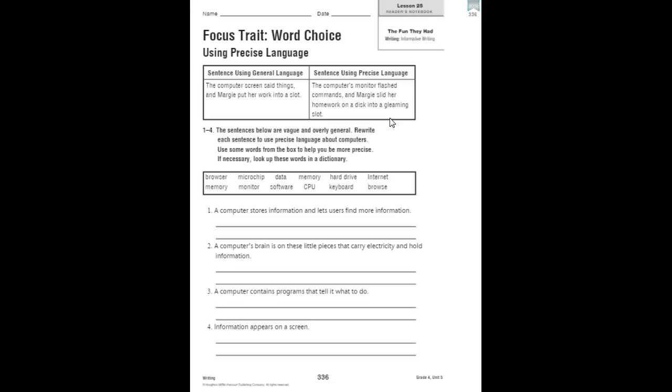So your job in the 4 sentences below is to change them. Okay, these sentences are vague and general, and you're going to rewrite them to use precise language about computers. You've got some words here in the box to help you be more precise, and if you're not sure what they are, you can always look them up in a dictionary. Okay, so a computer stores information and lets users find more information.